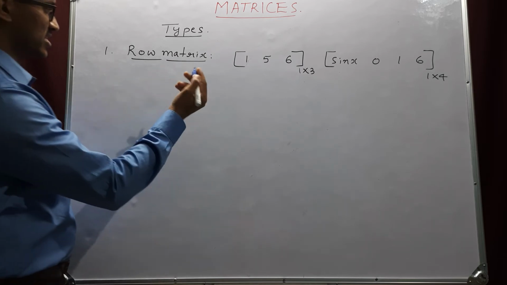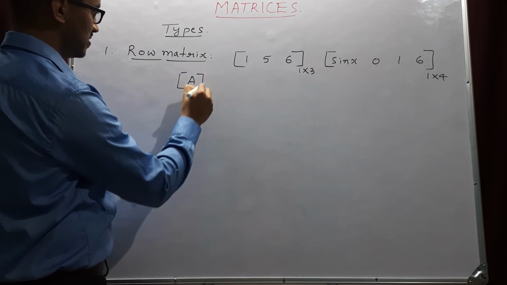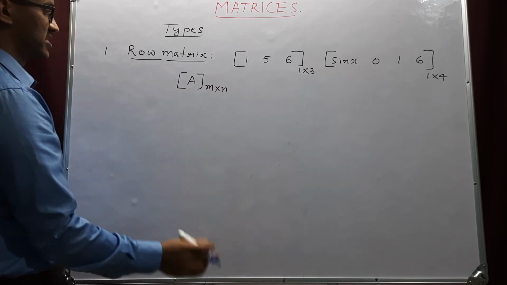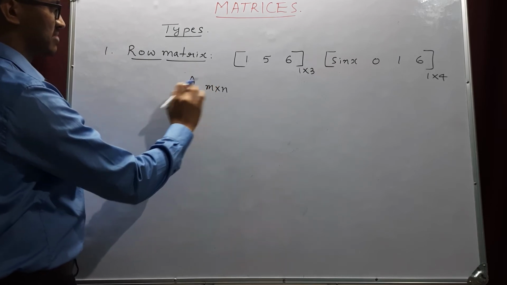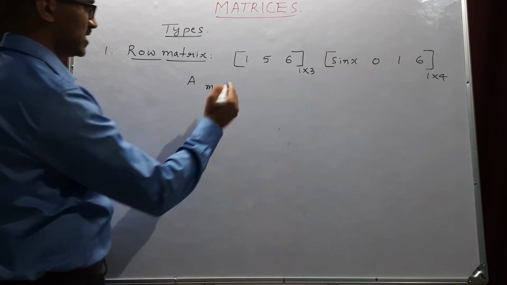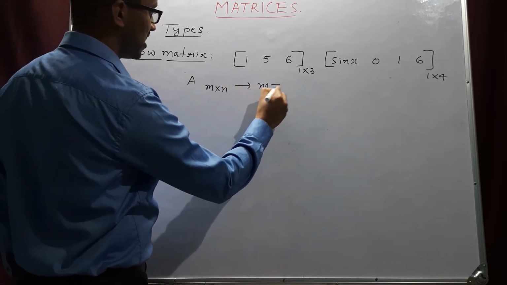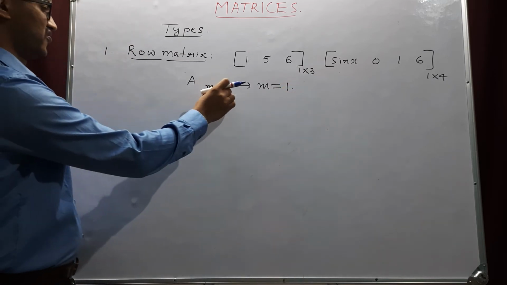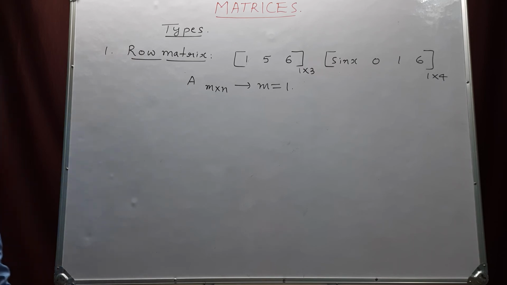In general, suppose A is a matrix of order m by n. Then we call it a row matrix if m is equal to 1. If the number of rows is 1, then we call it a row matrix.